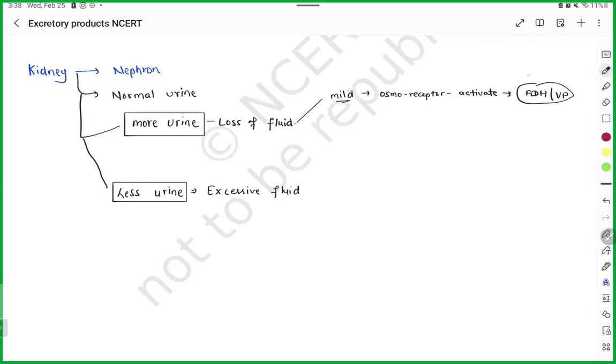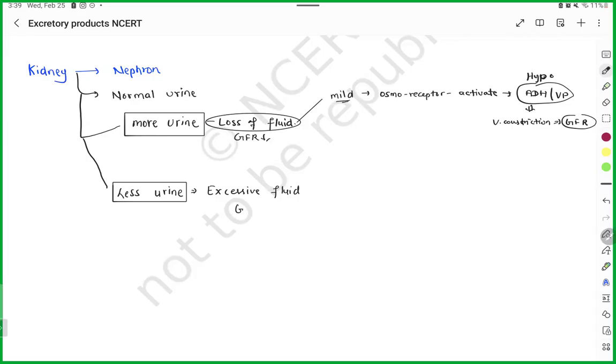So what will be the benefit of ADH? ADH will do vasoconstriction. So more vasoconstriction, what will happen? There will be more GFR, and GFR will become normal. Loss of fluid means GFR is less.